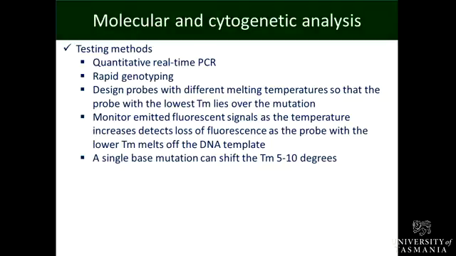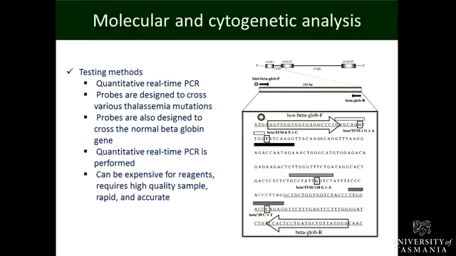And then you can chart them to find out if this particular probe for mutation A versus this particular probe for mutation B melts differently, you will see that. And then you'll know what the mutation is. A single base mutation can shift the melting temperature by 5 to 10 degrees.